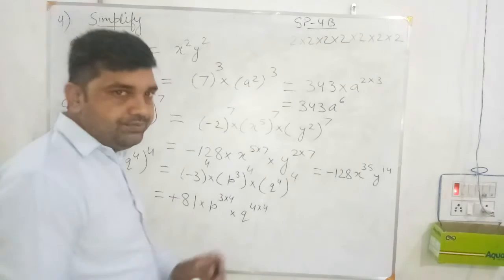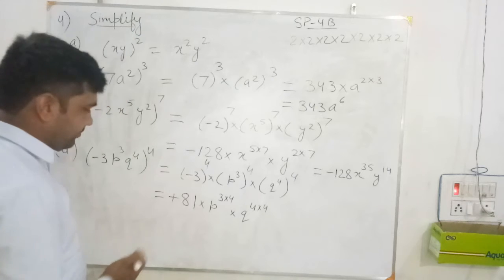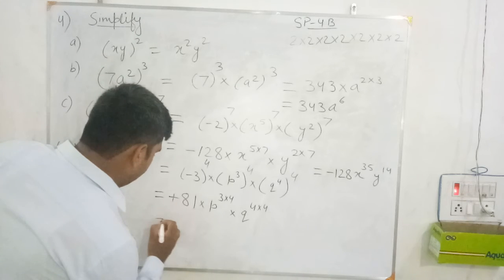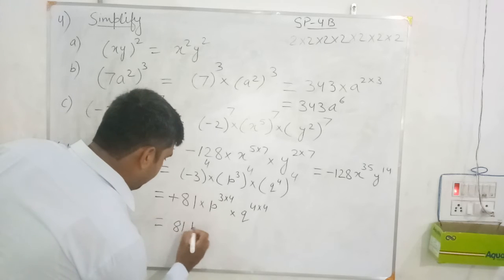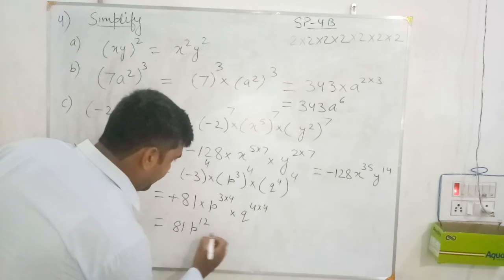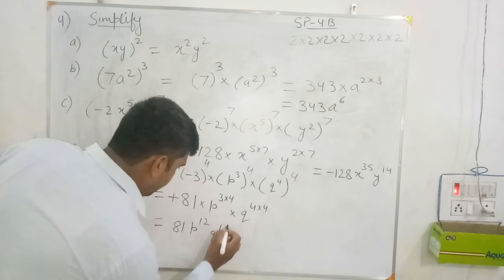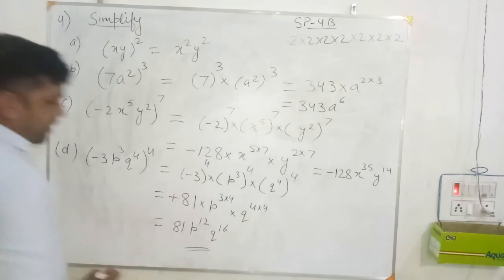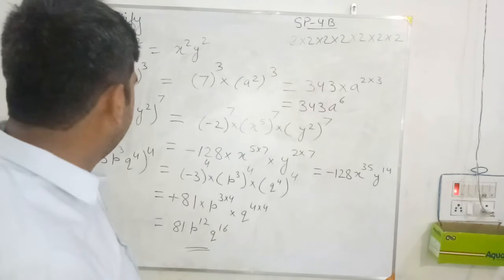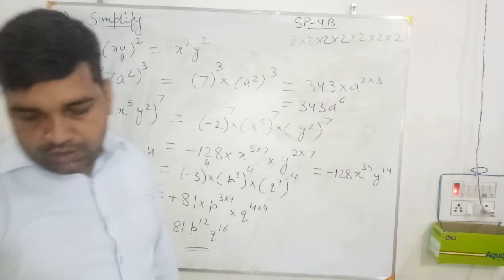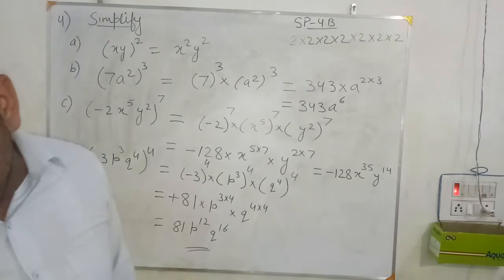So here you take the base common and you get 81 p to the power 12, since 4 threes are 12, and q to the power 16. So 81 p to the power 12, q to the power 16. This you are going to get. After that, now we solve question number 5.